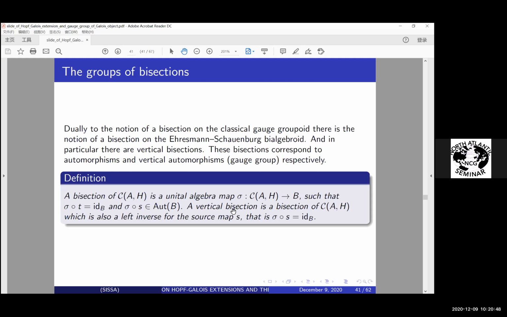That is a unital map from the diagonal point to B such that the composition of T with sigma equals the identity on B, and the composition of S and sigma belongs to the automorphisms on B. And we call this bisection vertical if sigma is the left inverse of the source map, that is, S composed with sigma is equal to the identity on B. And we can see later that the vertical bisection also has some relation with the vertical gauge group, which we will call later.